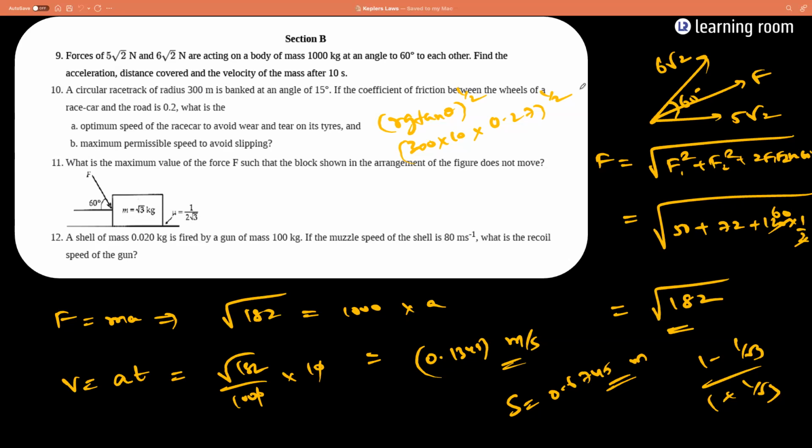So 29.7 meters per second will be the optimum speed required.